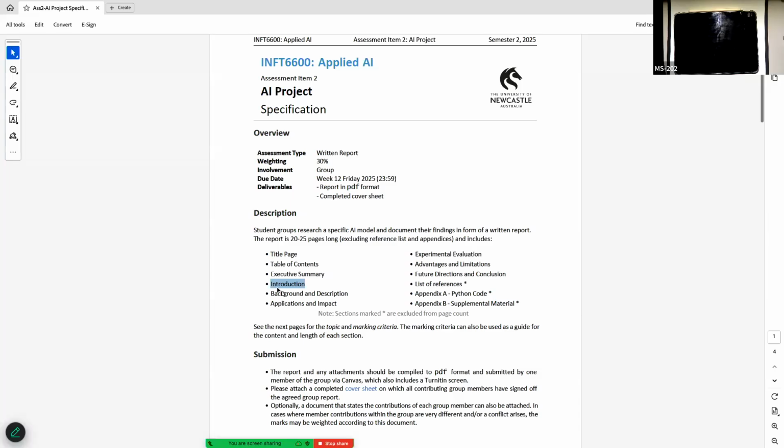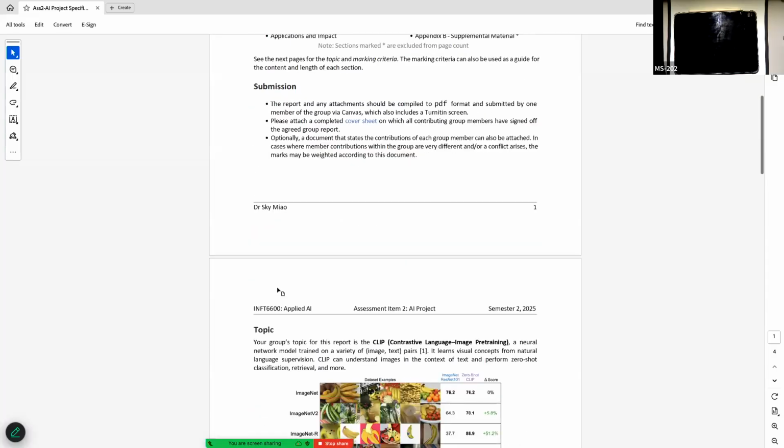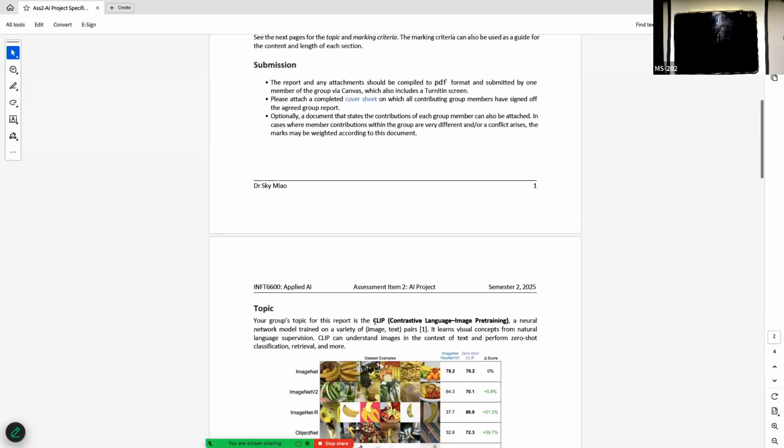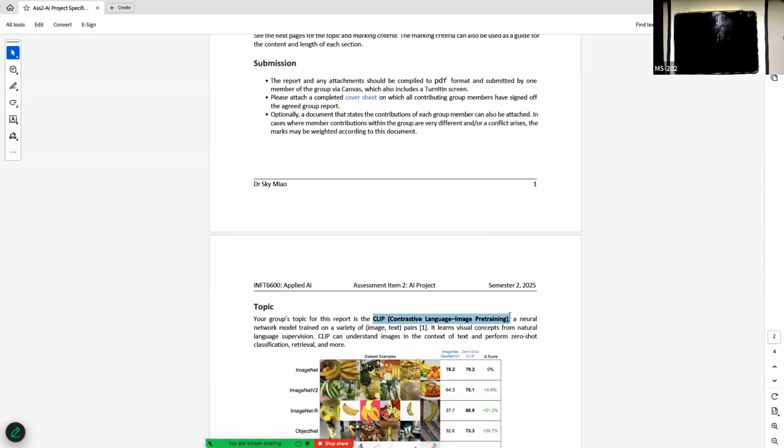So for example, for this report, we pick up CLIP. The model is very typical and popular, and we can't say state of the art, but it is very popular even in the research area.